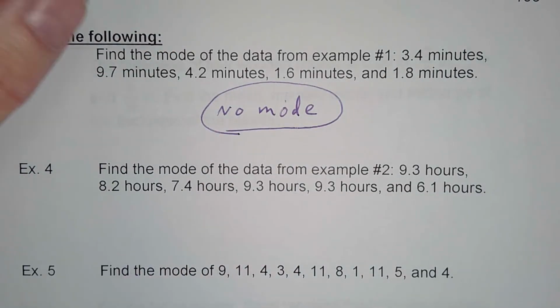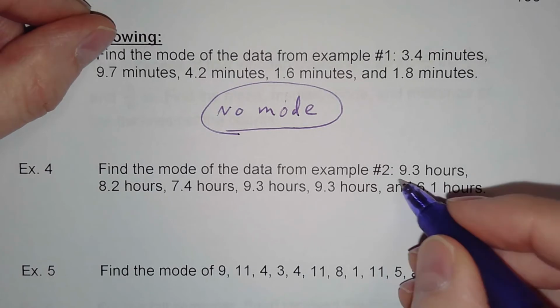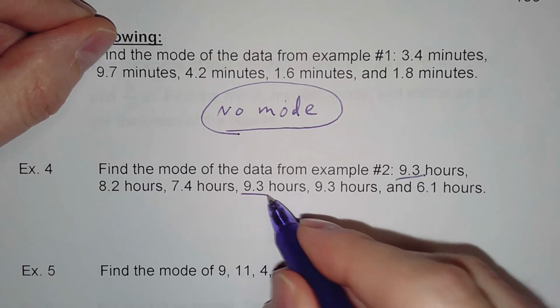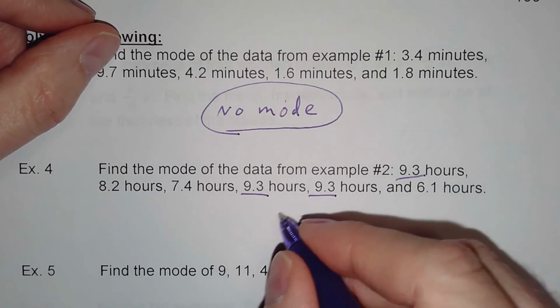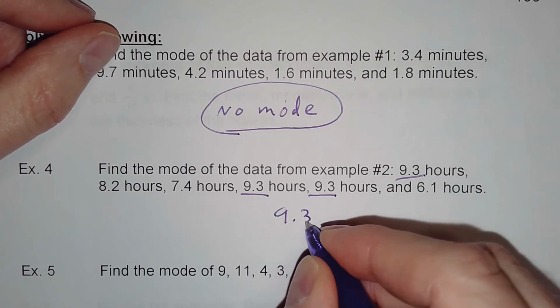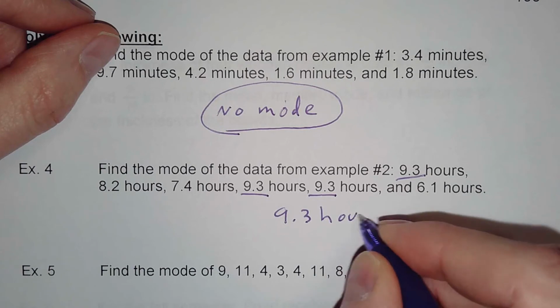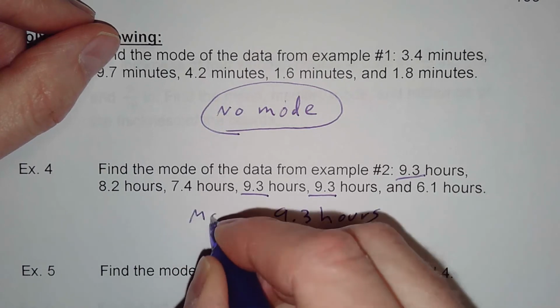Whereas from example 2, we saw this 9.3 appear 3 times. All the other numbers appear once. So 9.3 hours would be our mode.